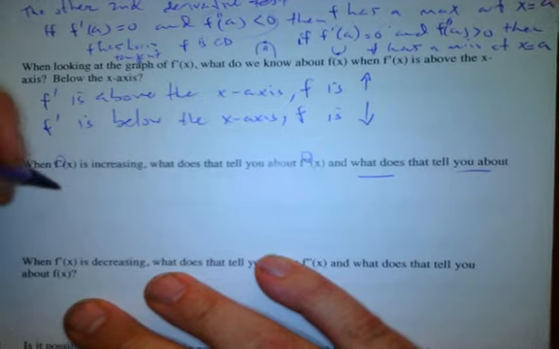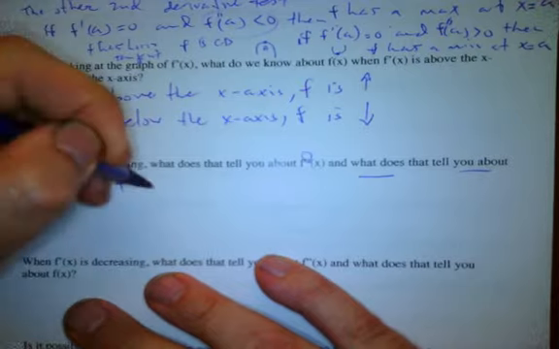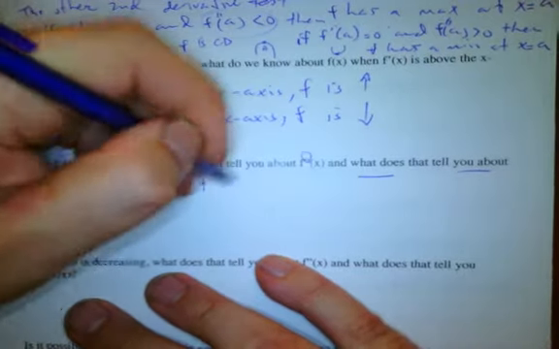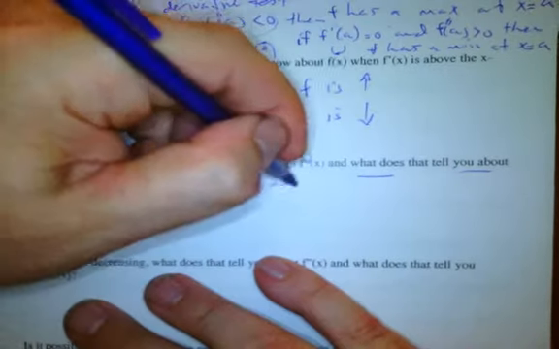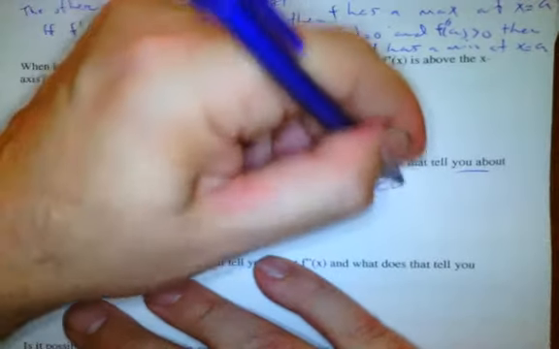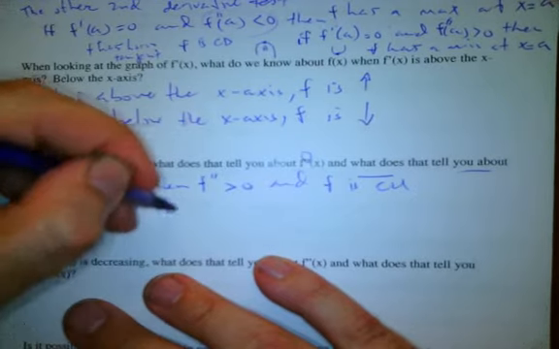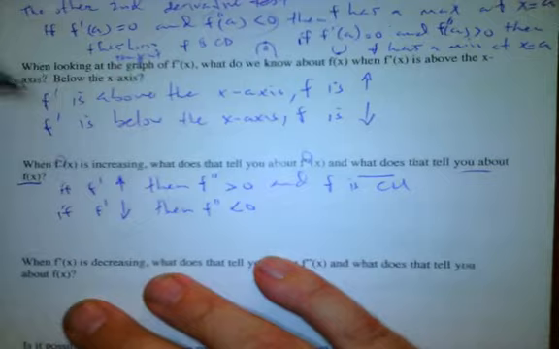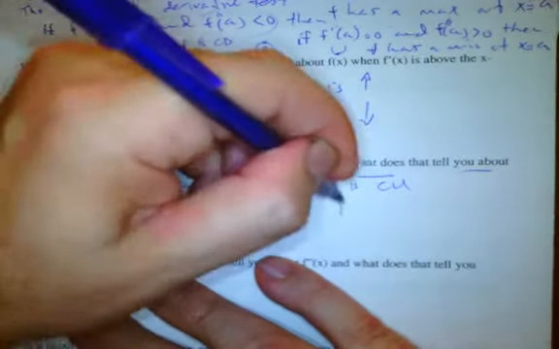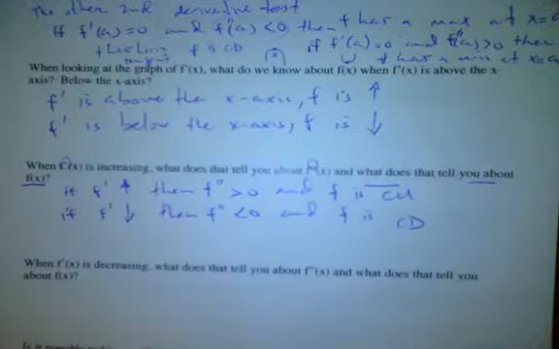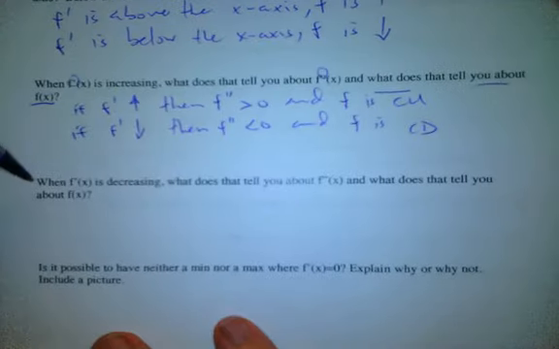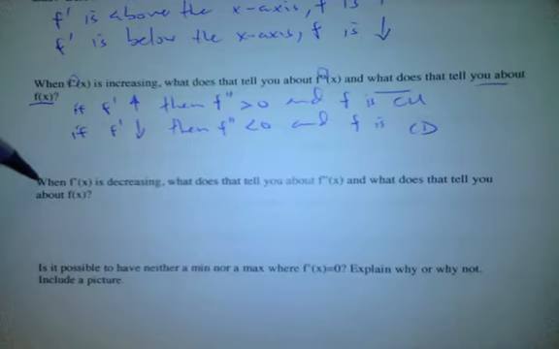When f prime is increasing, what does that tell you about f double prime? And what does that tell you about f? So I would say if f prime is increasing, then f double prime is greater than 0, and f is concave up. And if f prime is decreasing, then f double prime is less than 0, and f is concave down.